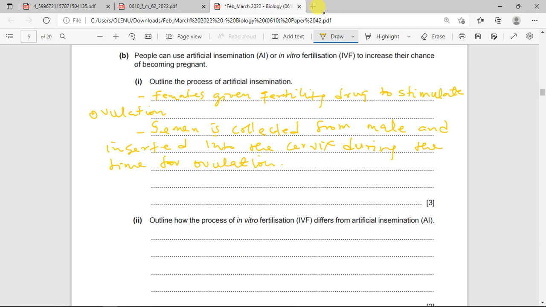So this increases the chance of the woman getting pregnant. That's all.